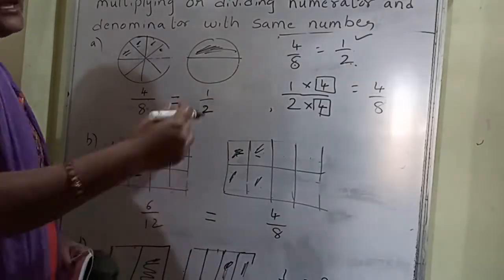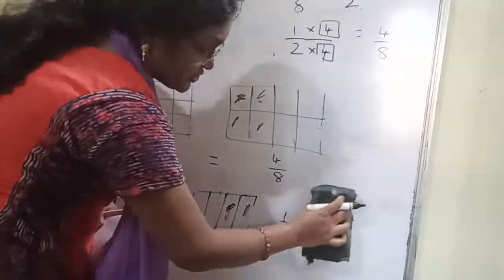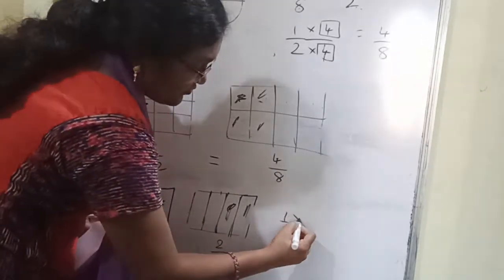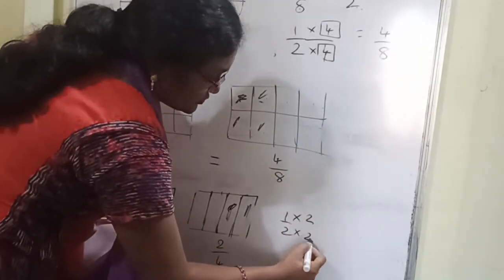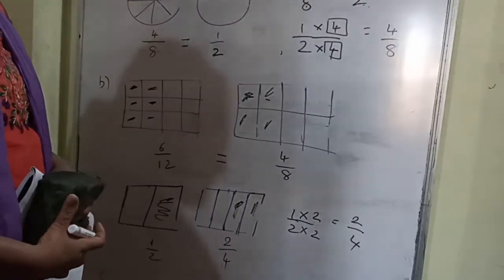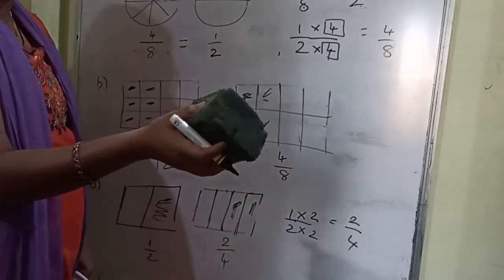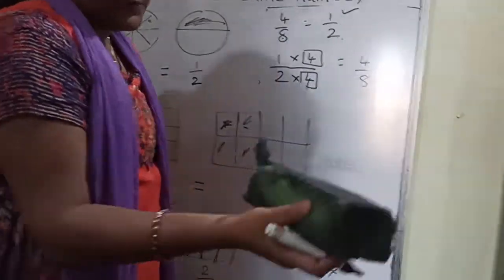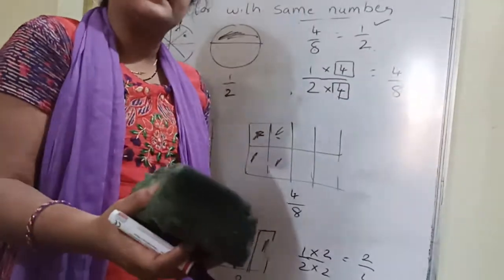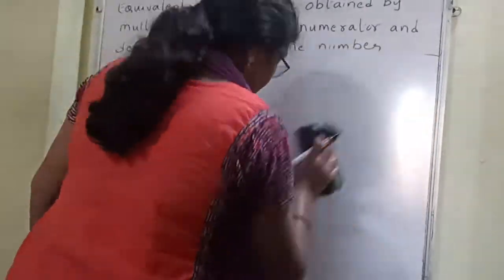In the same way, this will be applicable. 1 by 2 can be changed to 2 by 4. It means 1 into 2 by 2 into 2, that is 2 by 4. Okay? So now you understood how we can obtain equivalent fractions by multiplying or by dividing. So let us solve a few problems.